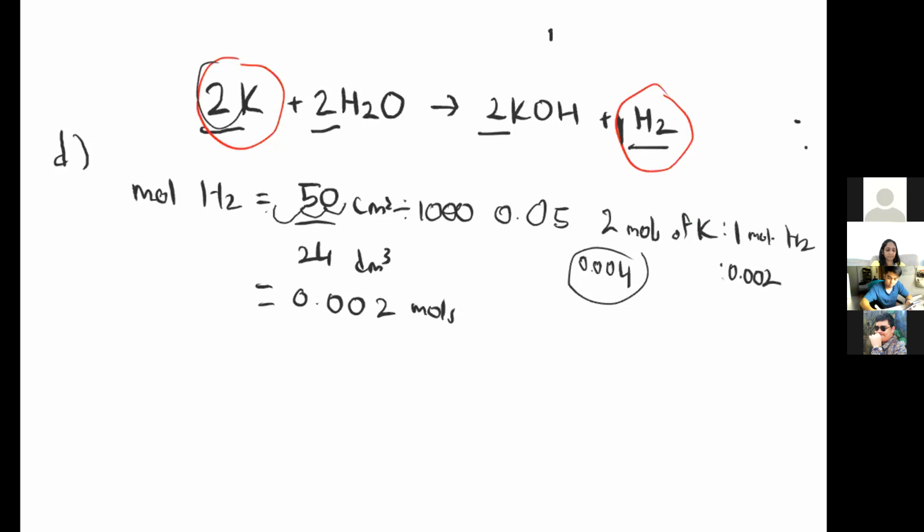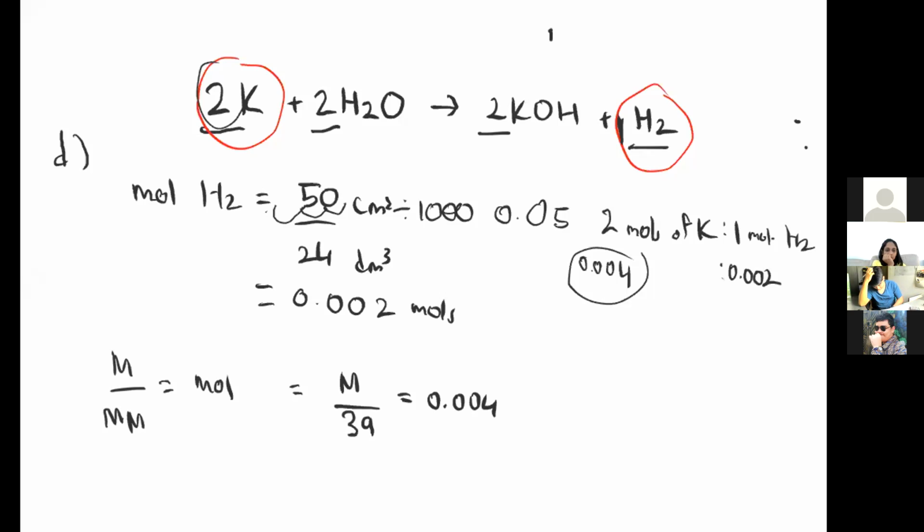So remember the formula that mass over molar mass equals to mole. So since we already have the molar mass, which is 39, and we already have the mole, which is 0.004, so you're trying to find the mass now.